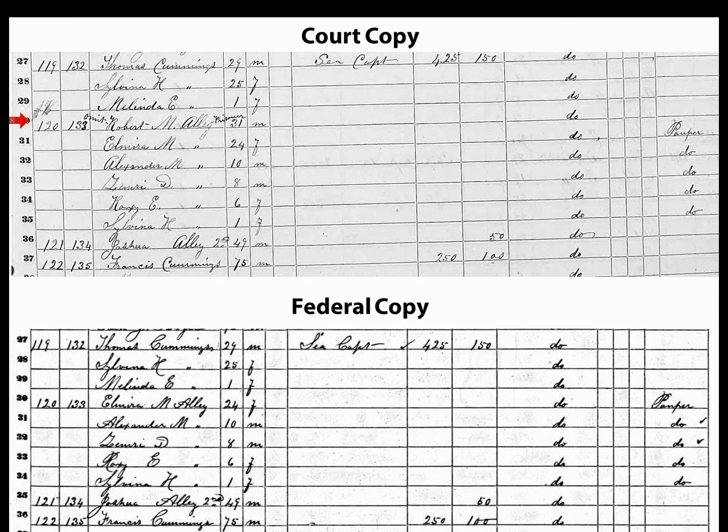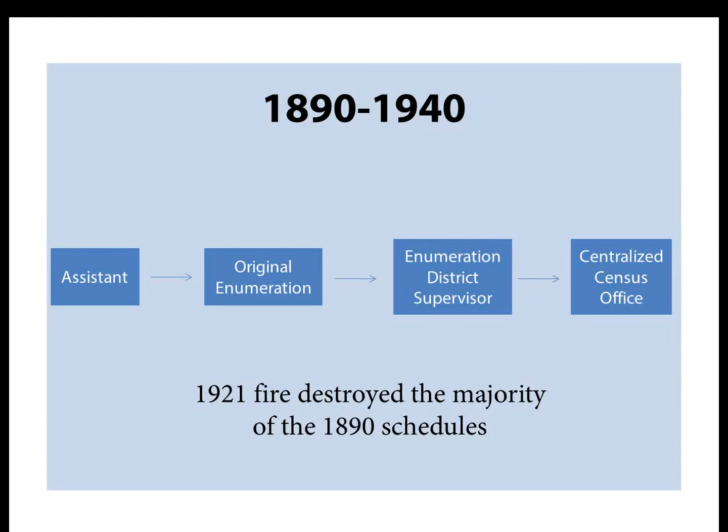Now, in 1890, things changed, and the assistant made the original enumeration. The enumeration went to the supervisor, who looked it over, and they sent it to Washington, and that was the whole route. So this is especially important because the censuses from 1890 were lost in a 1921 fire.